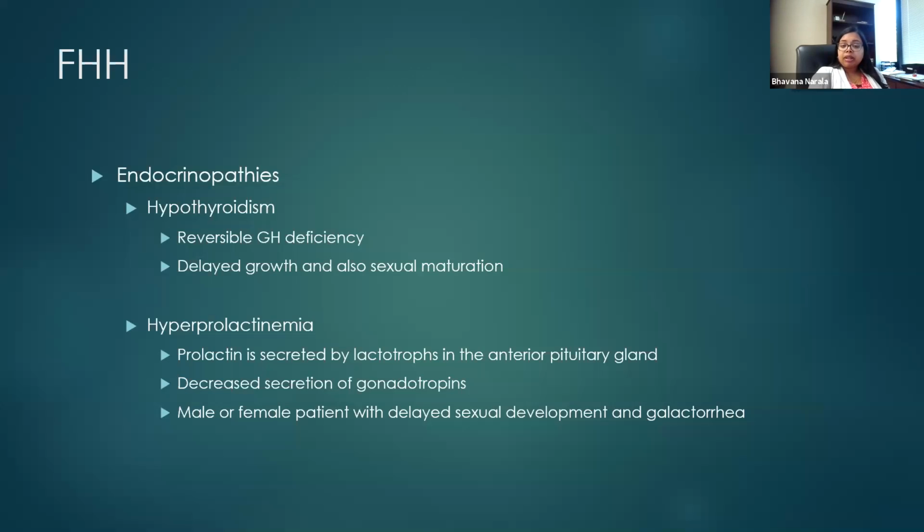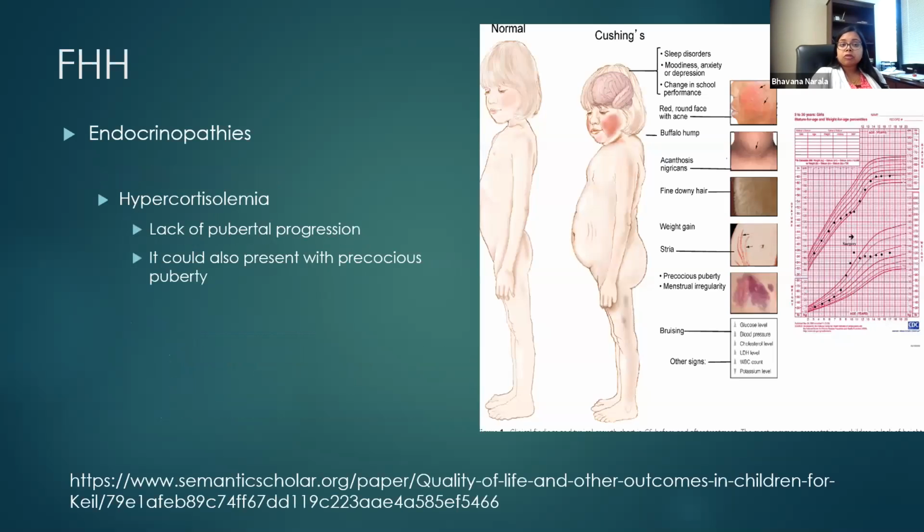Prolactin is secreted by the lactotrophs in the anterior pituitary gland, which leads to decreased secretion of gonadotropins. And this could be a male or female patient with delayed sexual development and presenting with galactorrhea. So definitely don't forget about hyperprolactinemia. I think in boys especially, we don't think about it, but they could definitely have hyperprolactinemia leading to lack of sexual development. All right.